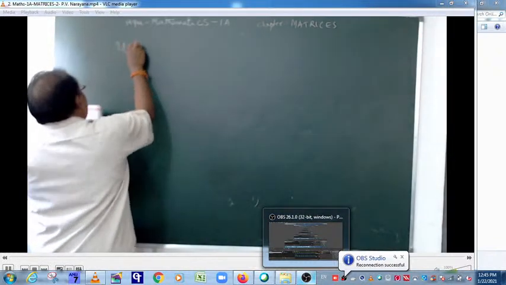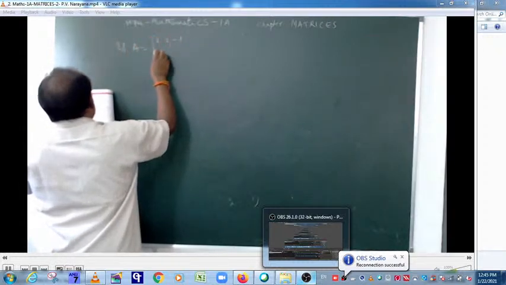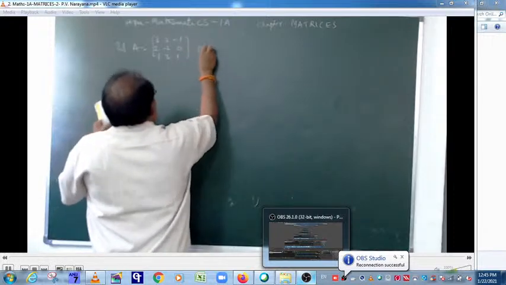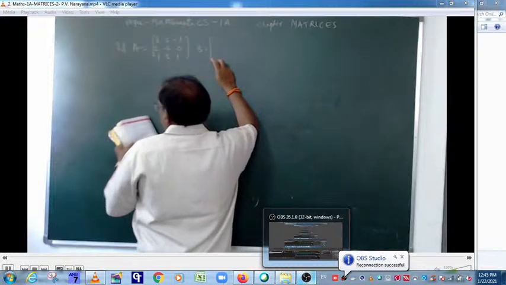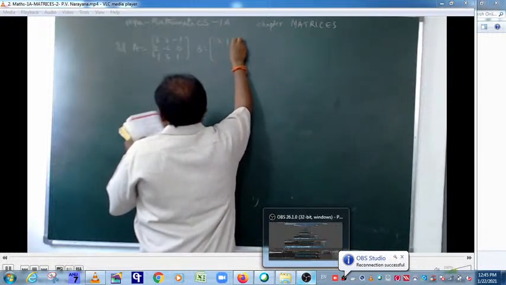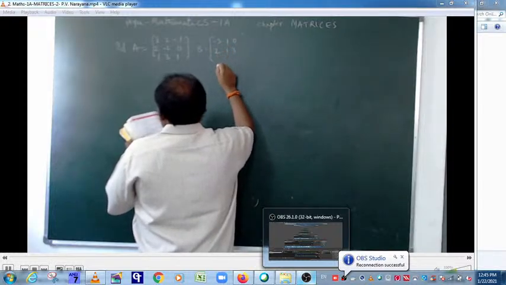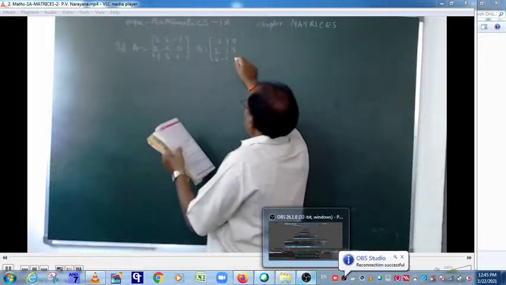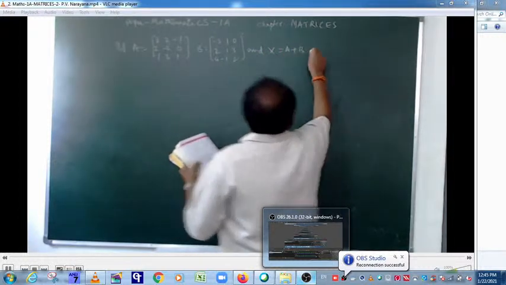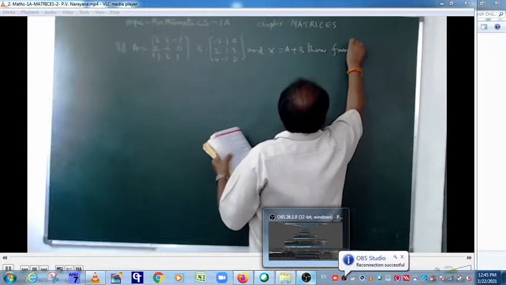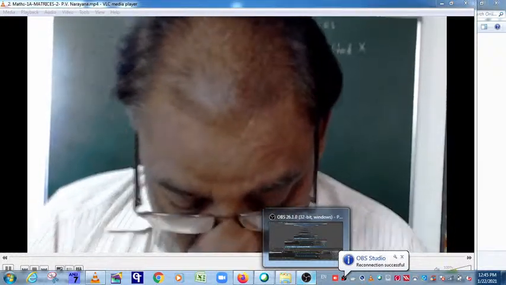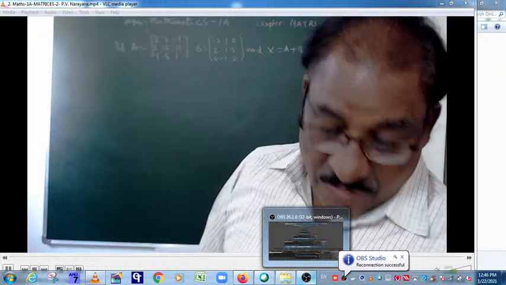If A is equal to 3, 2, minus 1, 2, minus 2, 0, 1, 3, 1, and B is equal to minus 3, 1, 0, 2, minus 3, 2, 1, 3, 4, minus 1, 2, and X is equal to A plus B, then find X. Okay, this is very simple.